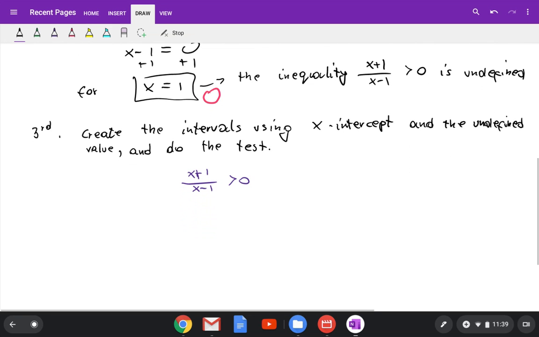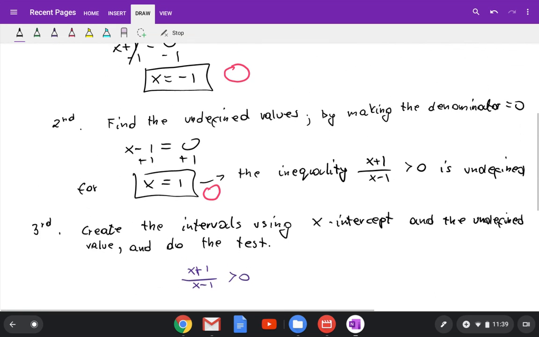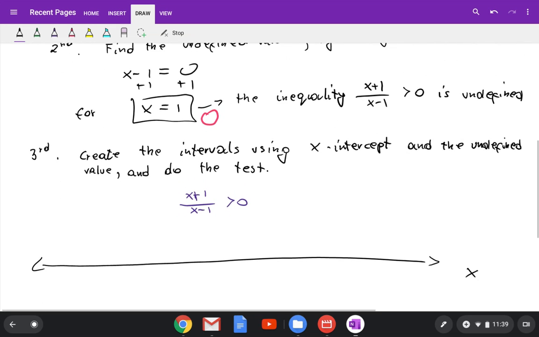So next, we have our x-intercept, which was equal to negative 1, with an open circle because of the strict inequality, and the undefined value is for x equal 1. An undefined value always has an open circle.